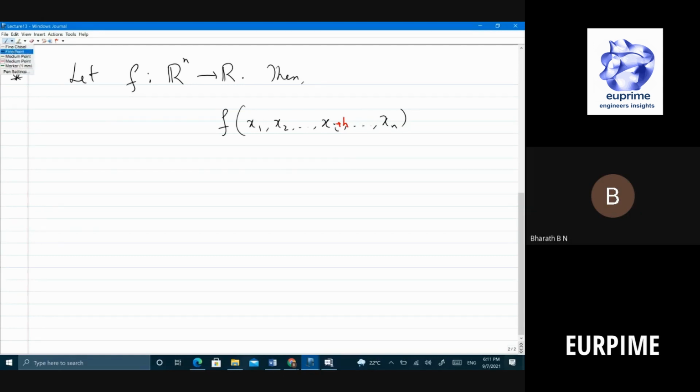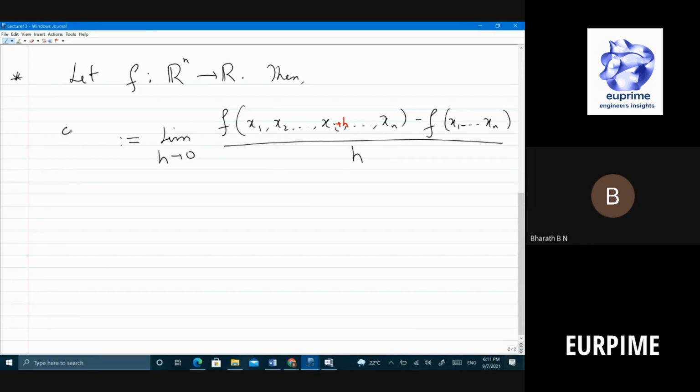Then I subtract f of x1 through xn, divide by h, and take the limit as h goes to 0. Essentially I move slightly in the direction of the ith component, see the function value, subtract, and divide by h. What is this? This is your partial derivative, the derivative of the function with respect to the ith component.